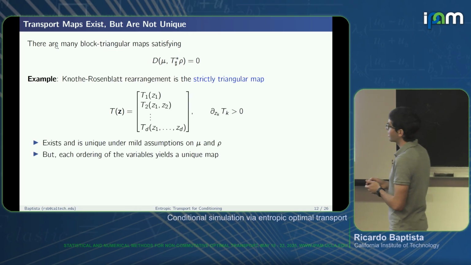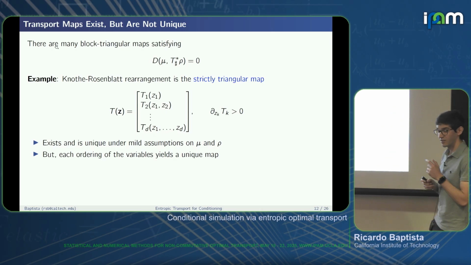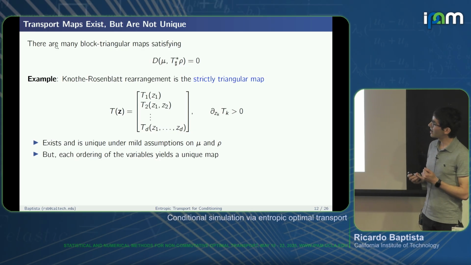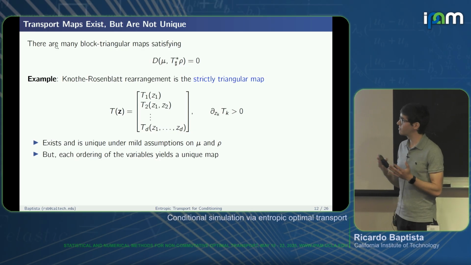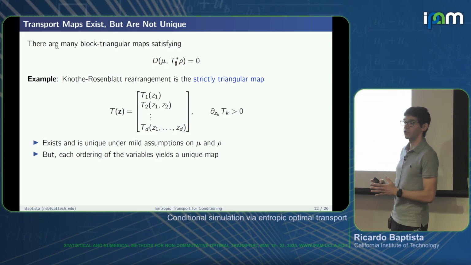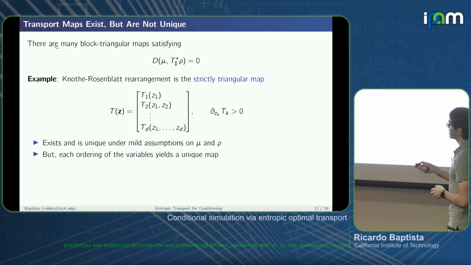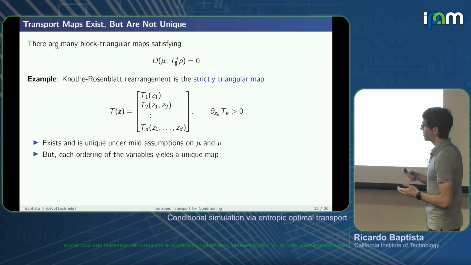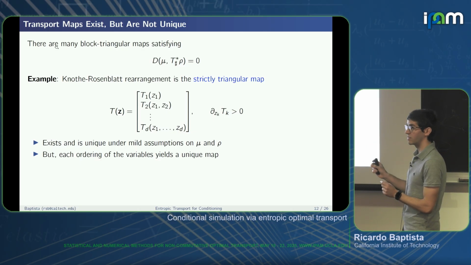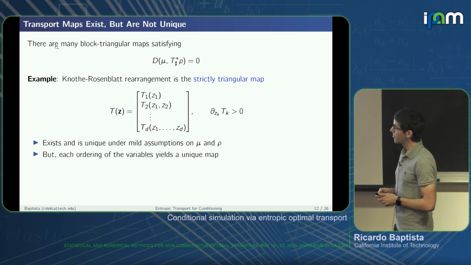One that is near and dear to my heart is the Knothe-Rosenblatt rearrangement. That is one that many of you might already be familiar with. It's the strictly triangular map rather than just the block triangular map. So it's a map, let's say if you're mapping from R^d to R^d, where every component is just a function of an increasing number of scalar variables.